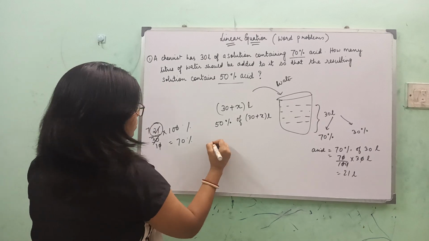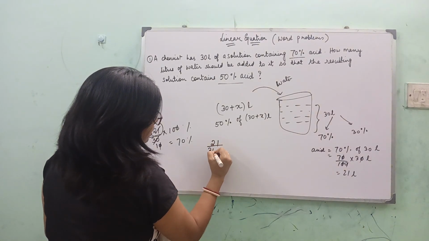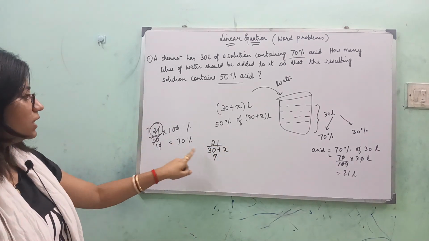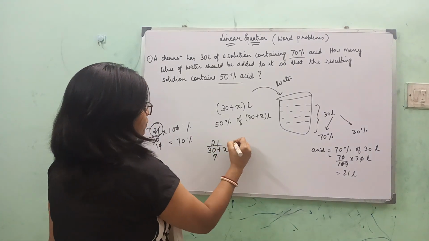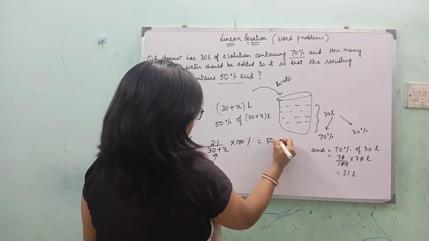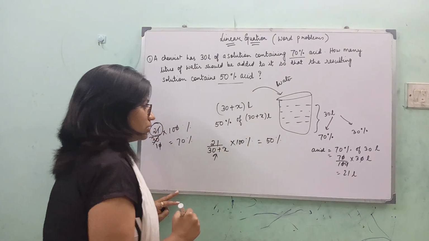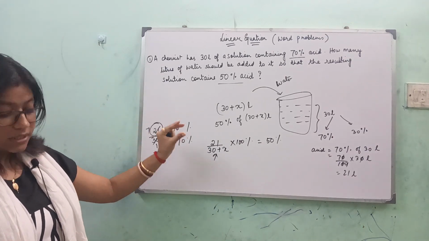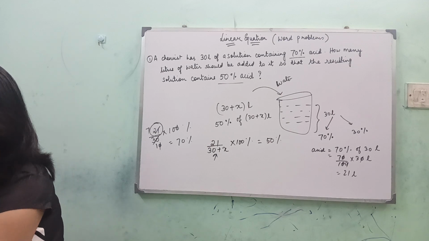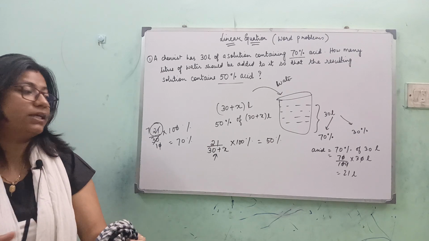But now it is 21 liters, but the solution's content has changed. From 30 it has become 30 plus x. Thus it is equal to 50%. This is the change. So the quantity of acid is not changing. Alright, so now we are going to frame an equation based on this.